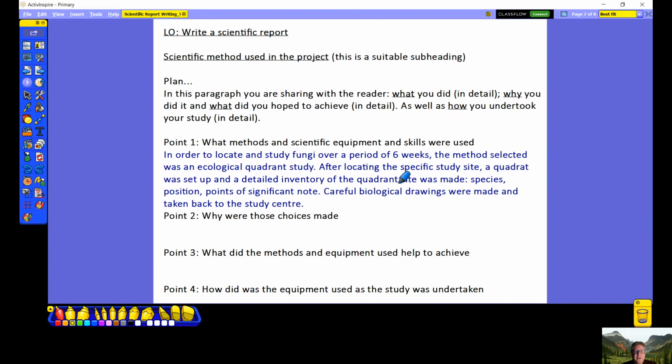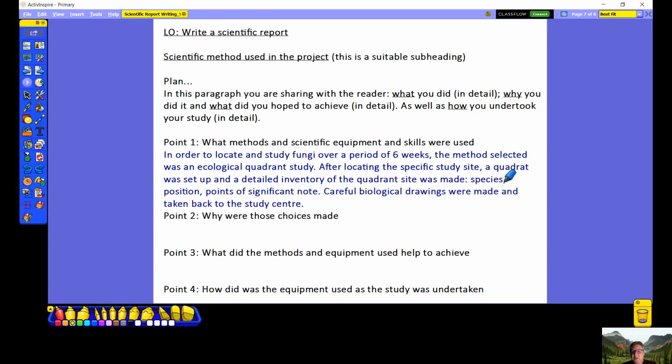I've named the method. So when we were putting together the string and the sticks to make a four-sided shape, I'm calling that the ecological quadrat study. And then you went out and you found where you wanted to do it. So I'm calling that locating the specific study site.